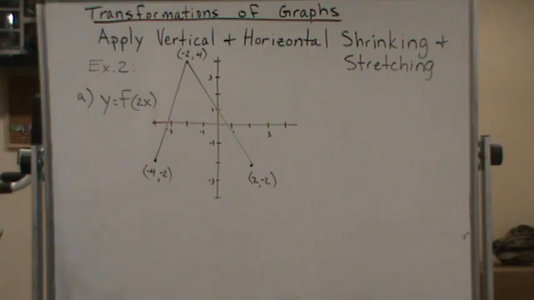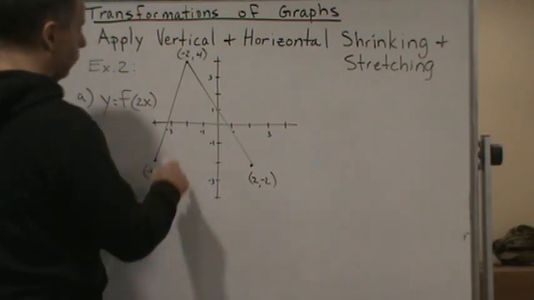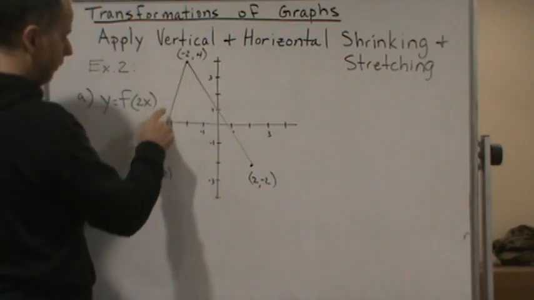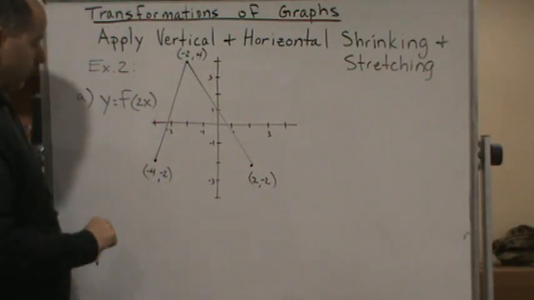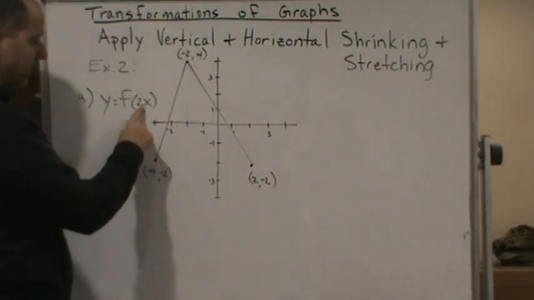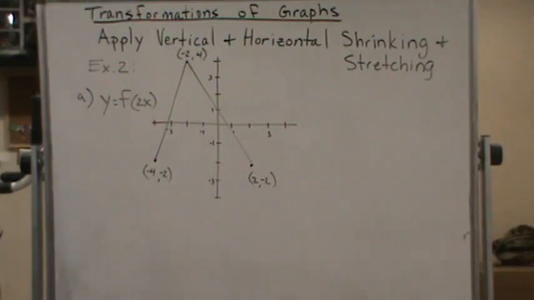So 1 over 2, so 1/2. That means we're going to take 1/2 of all of the x values. Again, we're multiplying by 2, which means we're going to divide by 2, or multiply by 1/2.